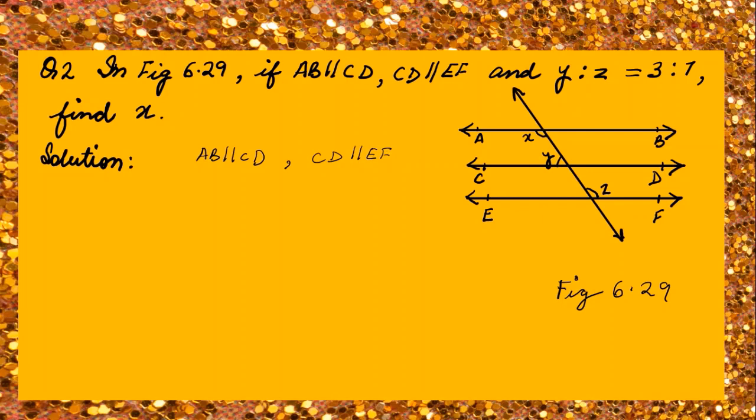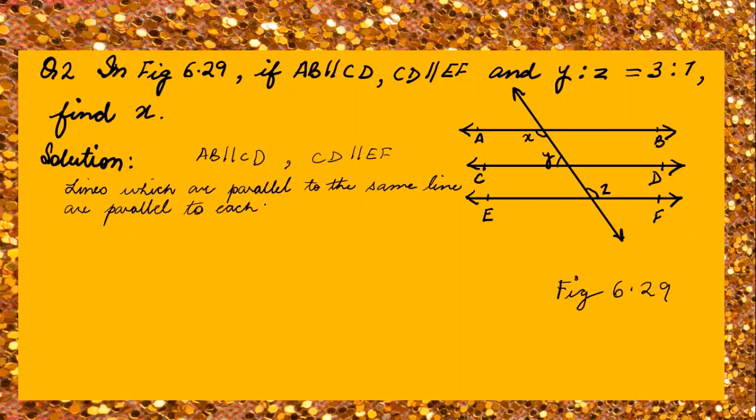Yes, and you have studied this theorem, lines which are parallel to the same line are parallel to each other. Yes, so you can say that AB is parallel to EF also.